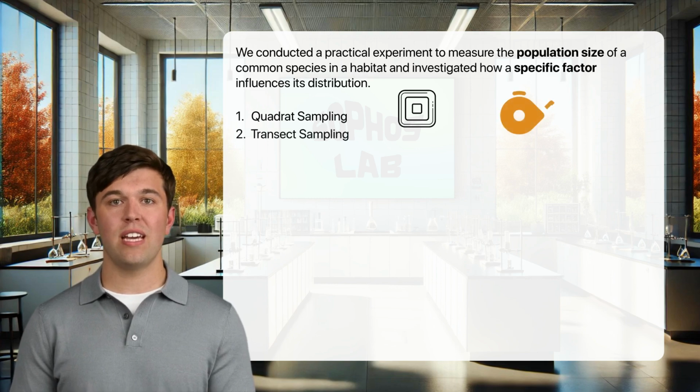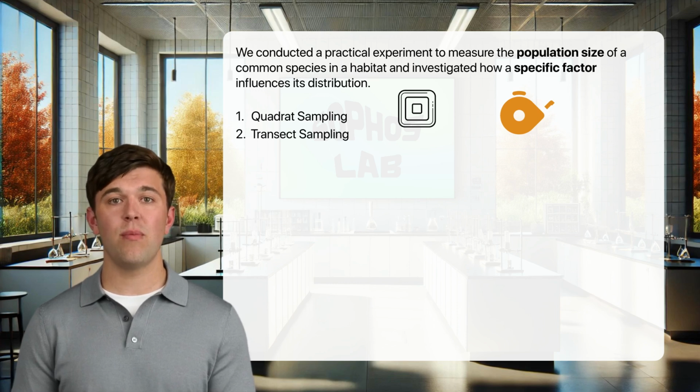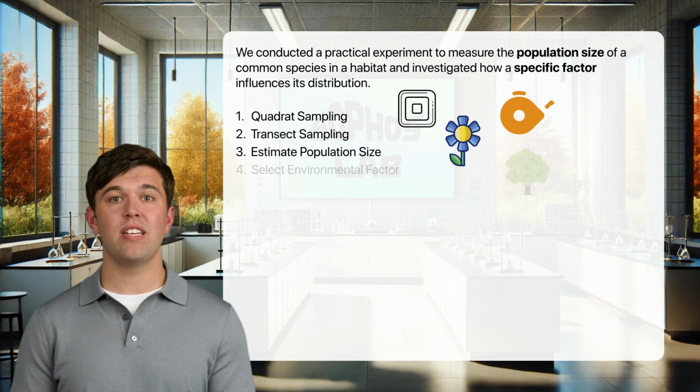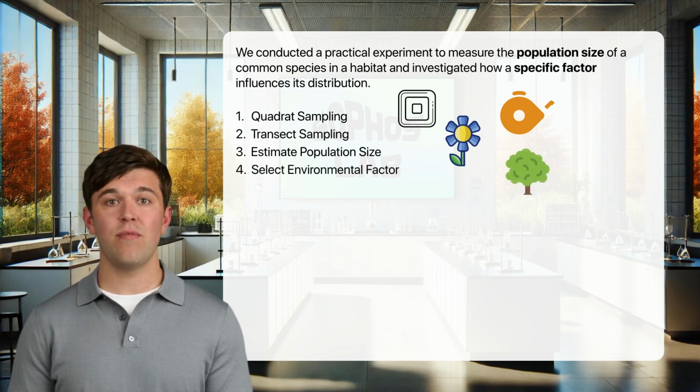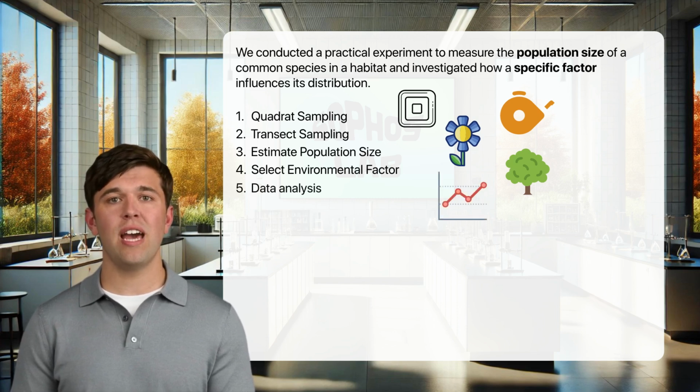Transect sampling, in which we used transects to systematically sample species across an environmental gradient. Then, we estimated population size using the data from our quadrats. Next, we selected a specific environmental factor, such as light or moisture, and noted its value at each quadrat position.